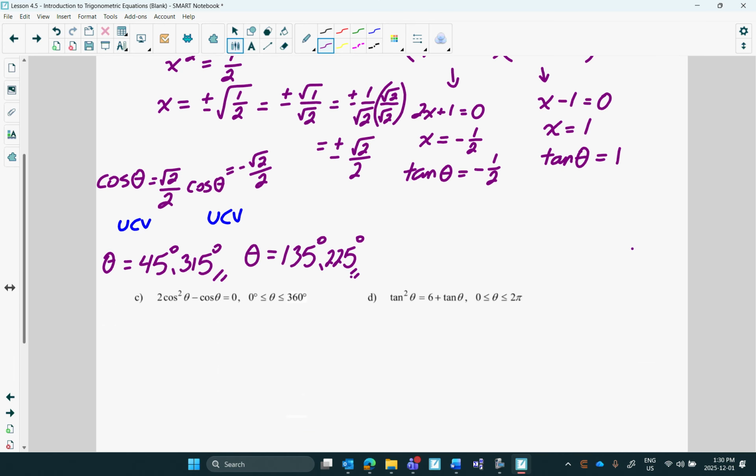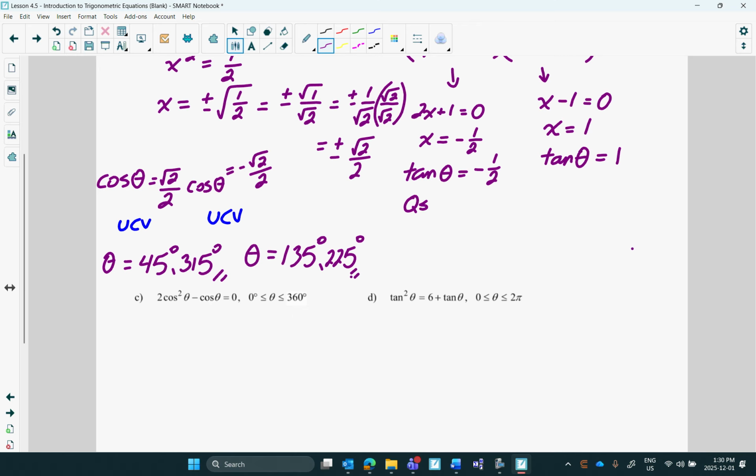Now this is a unit circle value, but not for tan, is it? Because remember, tan is y divided by x. So there's no pair of coordinates on the unit circle where y divided by x is negative a half. Okay, so I'm going to have to do this the long way.